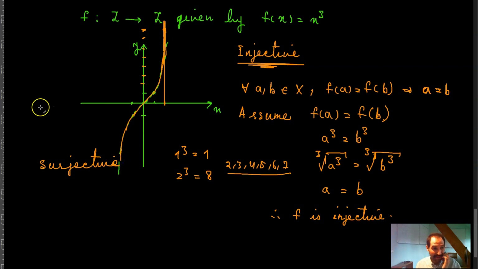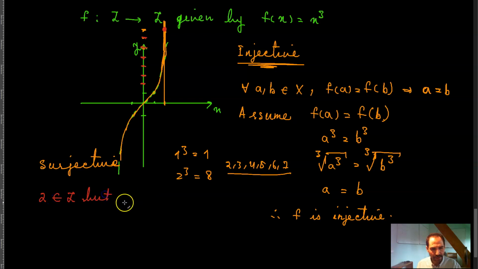Now, if 2 cube is equal to 8, then there are all of these numbers like 2, 3, 4, 5, 6, 7 that have not been mapped to from any of the members of the domain. And so what that means is that you can argue that, for example, 2 belongs to Z, right?